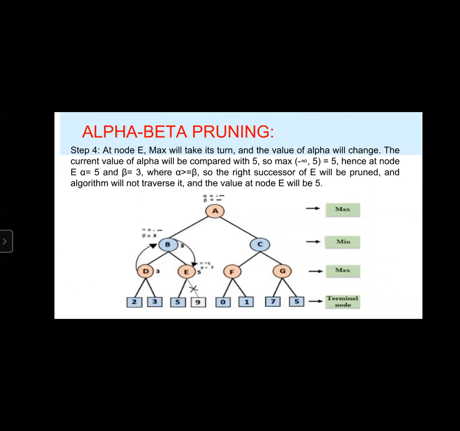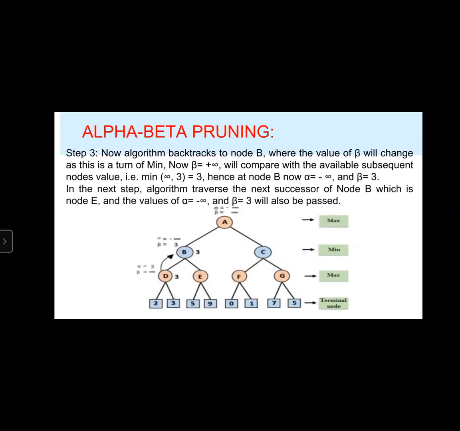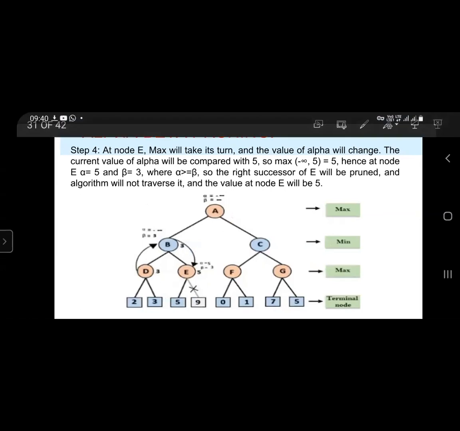So the right successor of E will be pruned, the algorithm will not traverse it, and the value at node E will be 5.